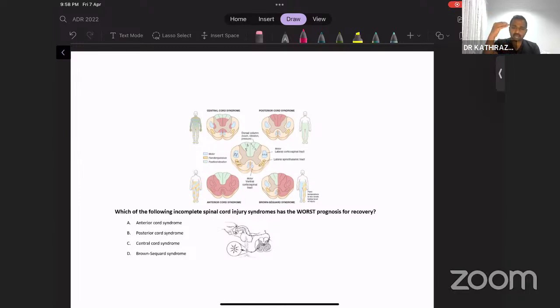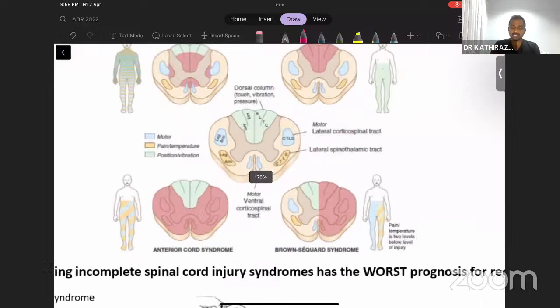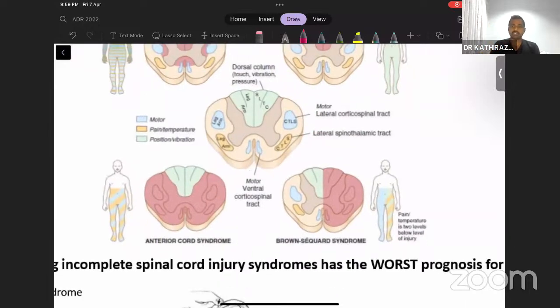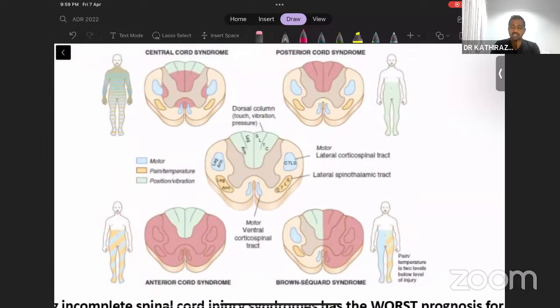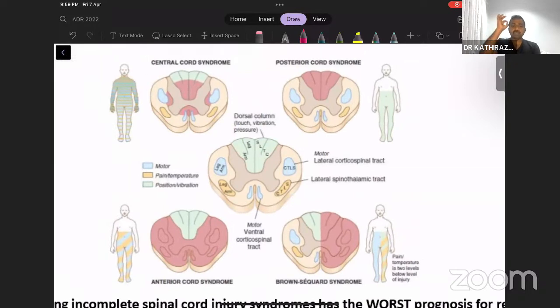But once a person comes to you with a traumatic spine injury and has recovered from spinal shock, you classify the patient into complete or incomplete spinal cord injury. There are 4 types of incomplete spinal cord injury: central, posterior, anterior, and Brown-Sequard. Among these 4, which has the worst prognosis?